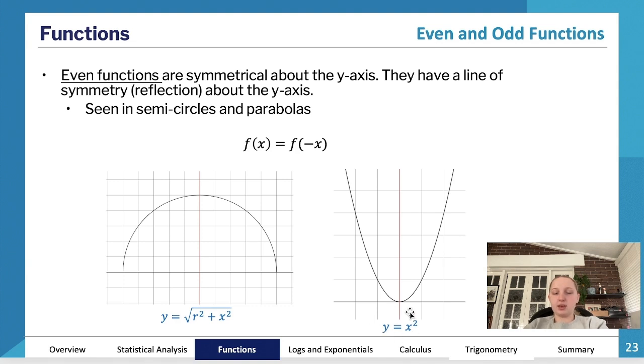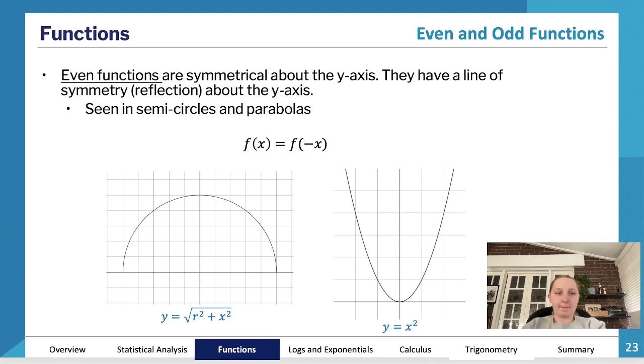Okay, so when y is equal to x squared, we get y is equal to x squared. But if we put in negative x and we got y is equal to negative x in brackets squared, negative x squared and x squared are equal to the exact same thing because that squared will cancel out our negatives. So for both f of x and f of negative x, we're going to get y is equal to x squared. Okay, and that's how we can prove that our functions are even.